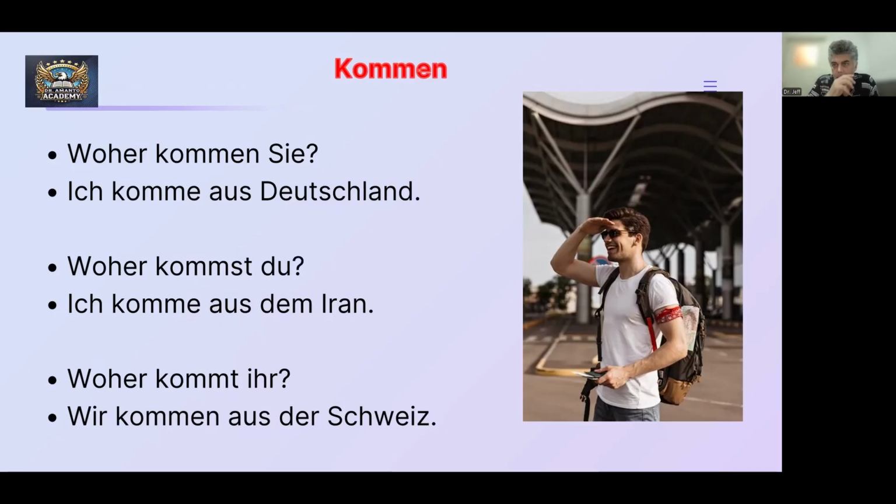Later we will talk about this dative again. So when we have aus in the sentence, the name after it turns into dative. So we say aus dem Iran, aus der Schweiz, aus der Türkei. So, ich komme aus dem Iran. Ich komme aus der Schweiz.